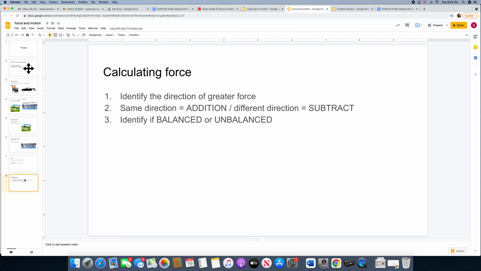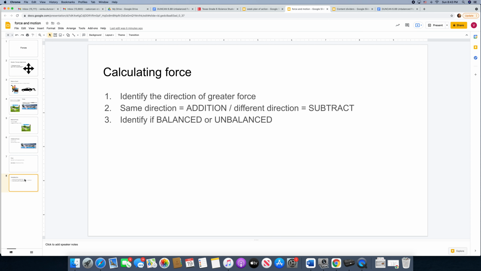If the direction is going different, then you're going to subtract. And we're going to have some examples to practice so you can see real world examples. Third, you're going to identify if the force is balanced or unbalanced. And as we gain more practice with this, these three steps will become more apparent.